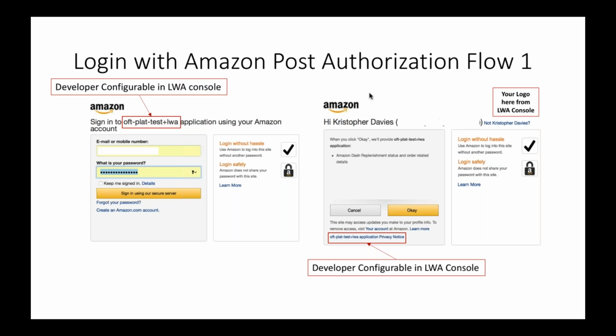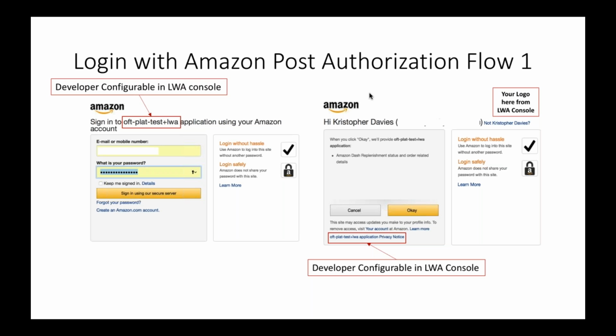And of course, I'm Christopher Davies there, so my email address is blacked out, but that's my customer detail, so my name, my email address, and then in the red box in the upper right-hand corner, you can see where your logo from the LWA security profile would be pulled over.